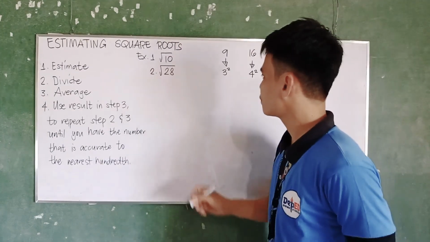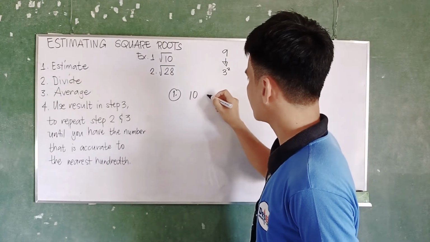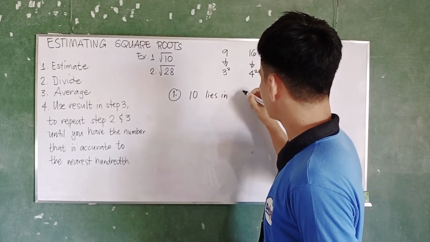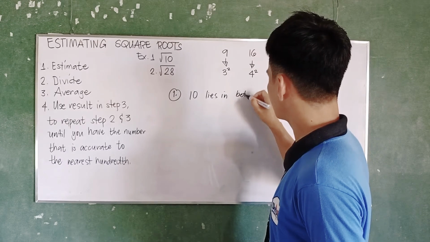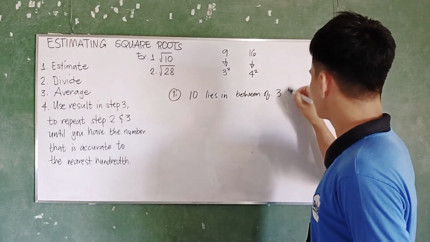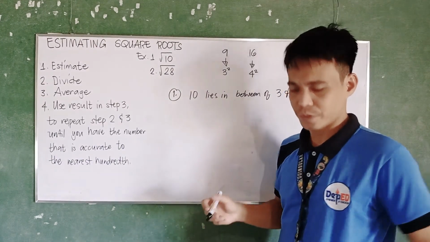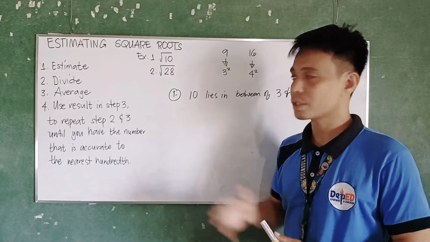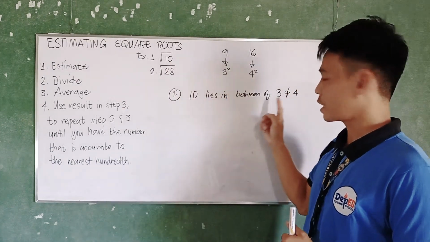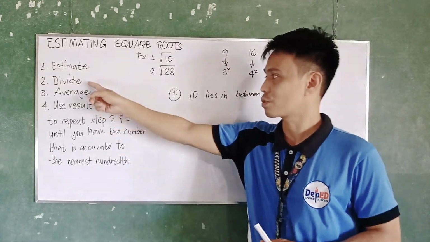So therefore, your 10 there lies in the middle of 3 and 4. So ayun guys, estimated natin is yung square root daw ng 10 nasa pagitan ng 3 and 4.